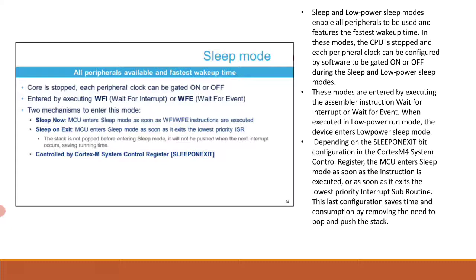Depending on the sleep on exit bit configuration in the Cortex M4 system control register, the MCU enters sleep mode as soon as the instruction is executed or as soon as it exits the lowest priority interrupt subroutine.